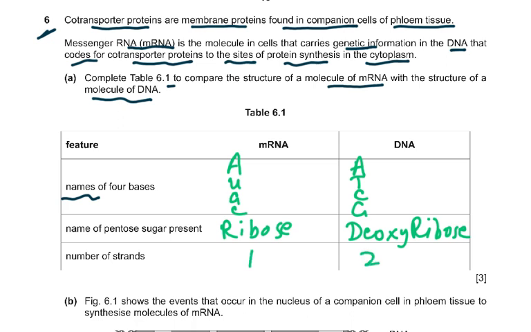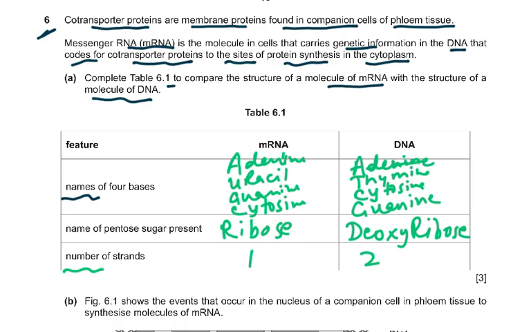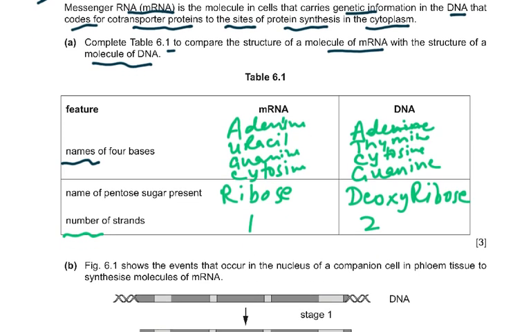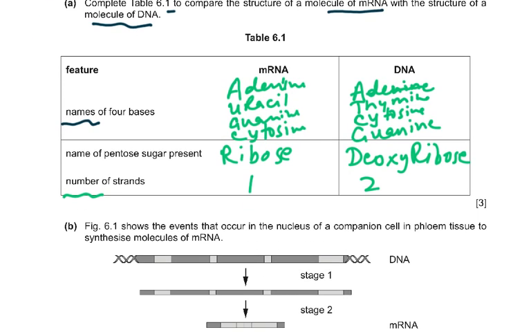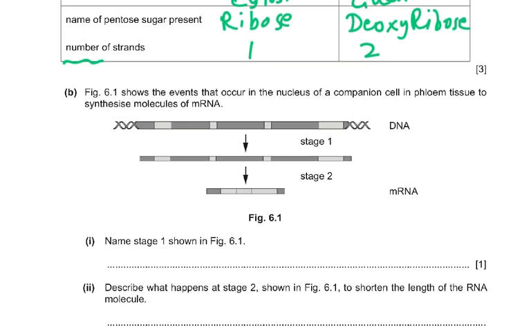If you wrote single, double, well of course we gave you 0 marks for that, because it's not single, it's one. Number means 1, 2, 3, 4. What is your phone number? You give me a number, you don't say single number or 3 digits or 7 digits. So this is how you would have done this, and for each line you would have got a mark, so that would get you your 3 marks.